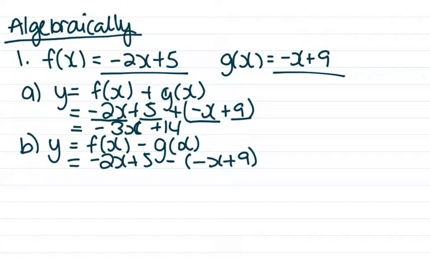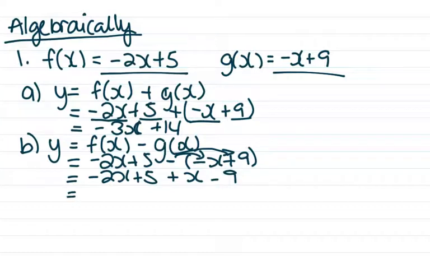Now I'm going to rewrite this without the brackets, making sure that I subtract each term in this bracket. So negative 2x plus 5 plus x, because minus minus, and then minus 9. Now I'll combine like terms. So negative 2x plus x leaves me with negative 1x, and then 5 minus 9 is negative 4.